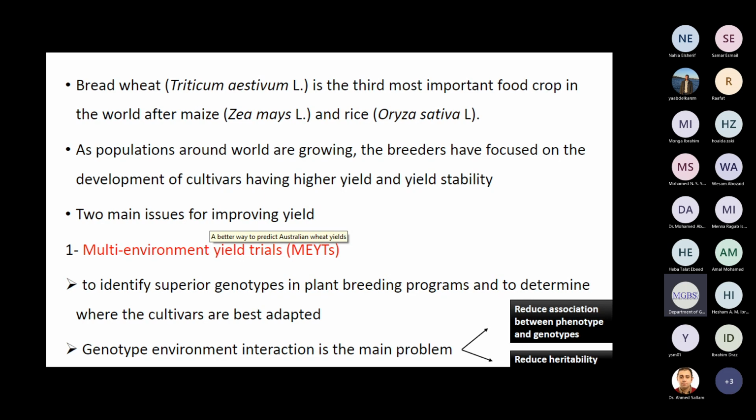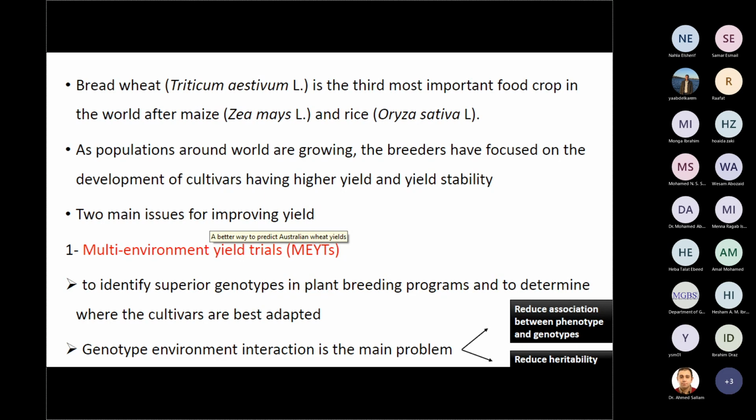Genotype environment interaction is a main problem because it reduces association between genotype and phenotype. Second, it reduces the heritability.